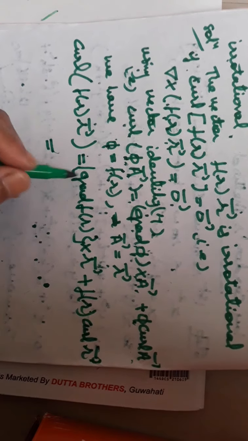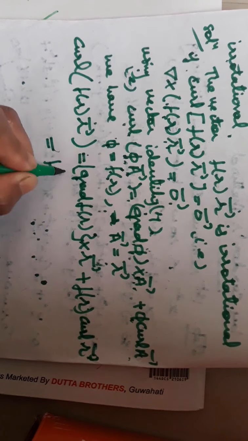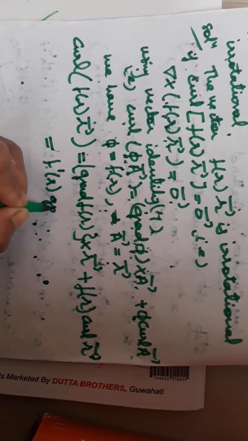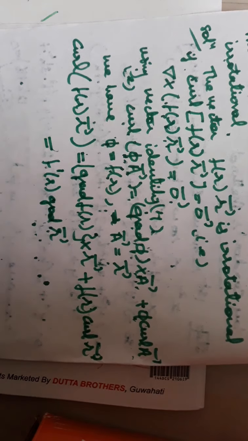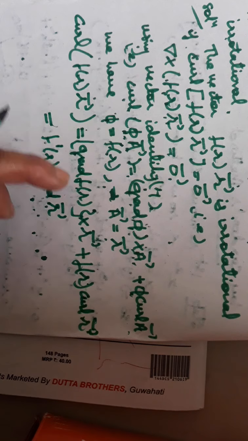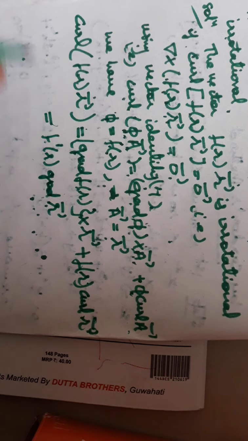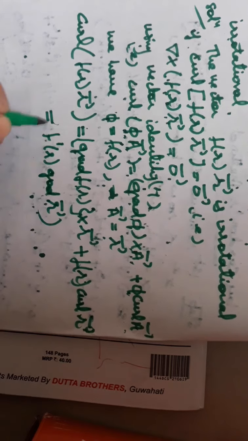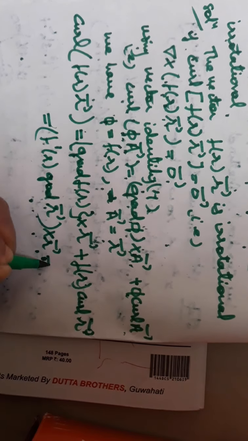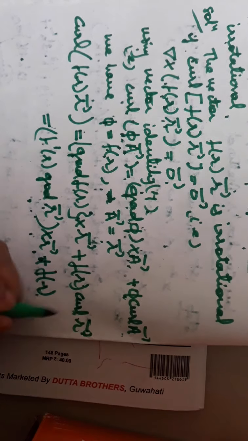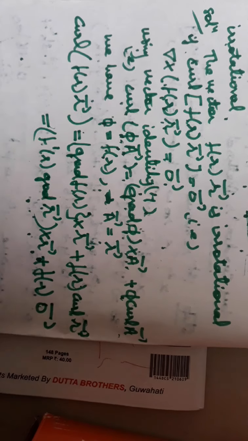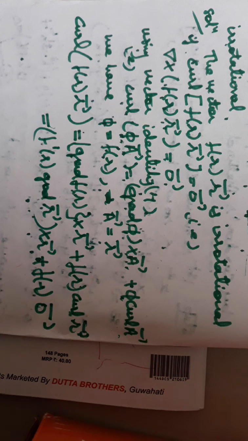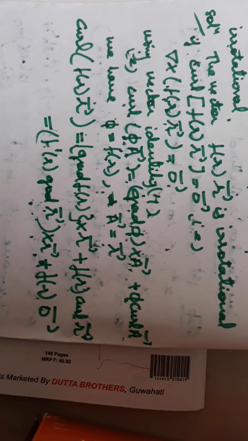So which is equal to, gradient of f of r is nothing but f prime of r into gradient of r. I have shown you this problem in the class itself. And cross r bar plus f of r, but curl of r bar is equal to 0 vector. Curl of r bar is equal to 0 vector.